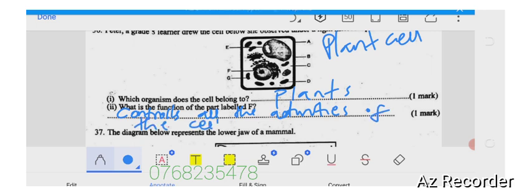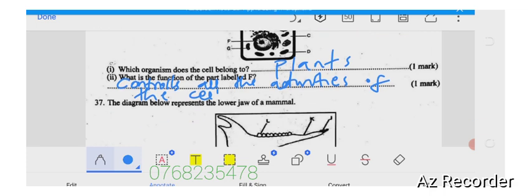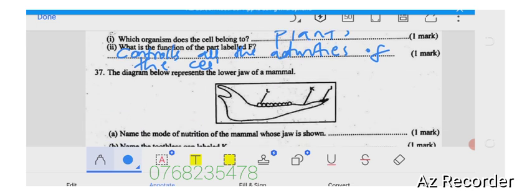So we have part A, which is the cell wall, part B, which is the cell membrane, part C, which is the cytoplasm, part D, which is the chloroplast, part G, which I believe is the mitochondrion, then part E, which is the vacuole. Those are the answers you're supposed to put there.